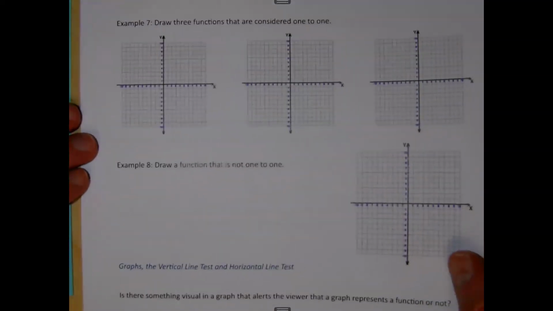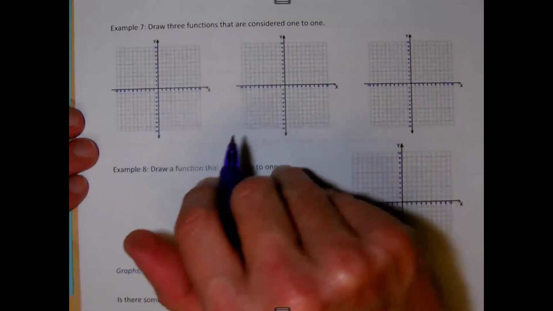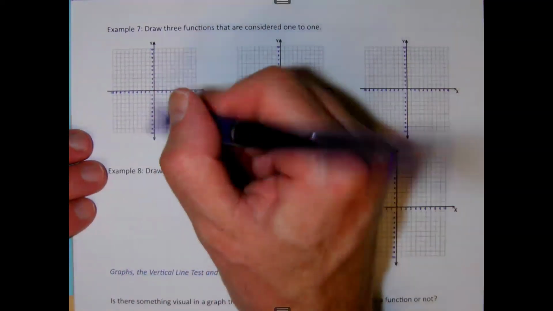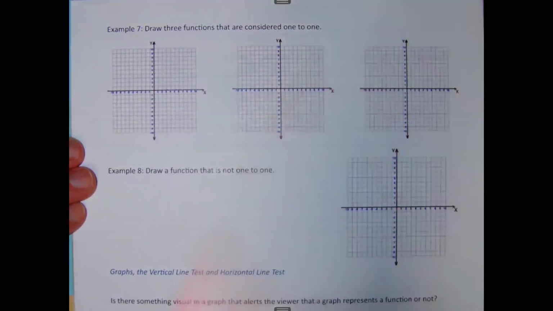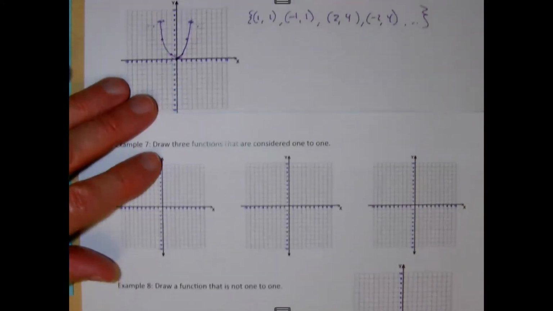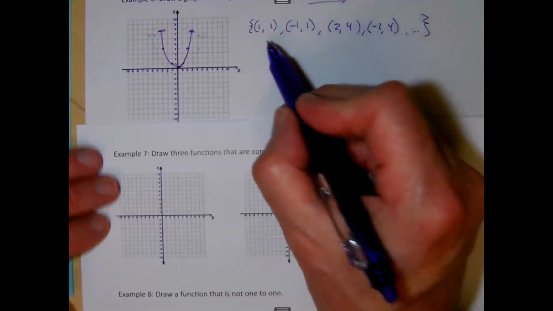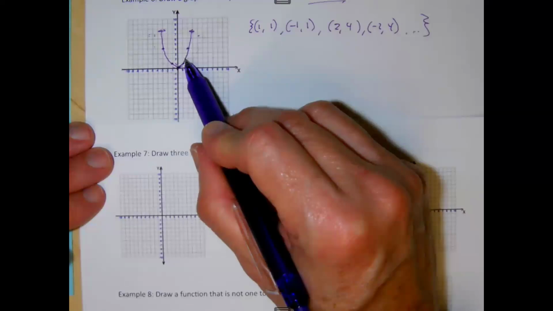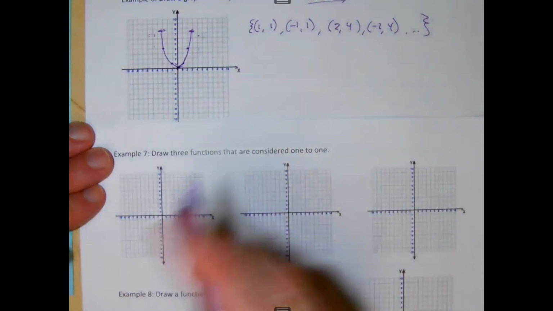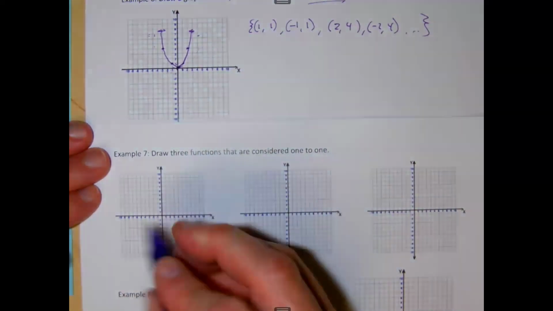Let's do another example here. Draw 3 functions that are considered one-to-one. Okay, if I want to draw a one-to-one function, what must I do? Well, if I compare it to what I just did, if I can put these two side by side, you'll notice that this is definitely not one-to-one. But I want it to be one-to-one.